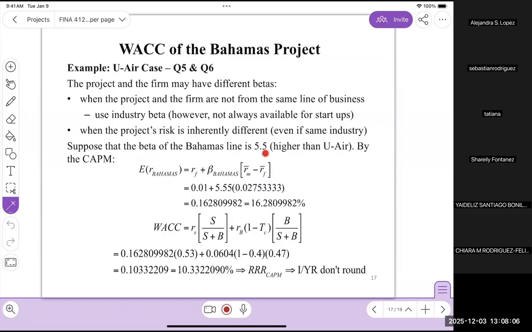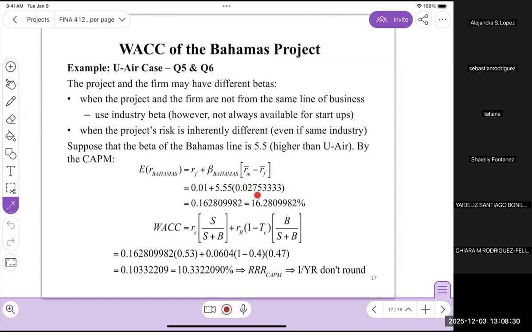At 5.5, which is very high, that's more than 4 times what it was before, using the same numbers we had for the 5.27 measure, we have here the current T-bill rate. We have now the 5.5 for the beta, and we refer to it as beta of Bahamas, not just beta of UAir.